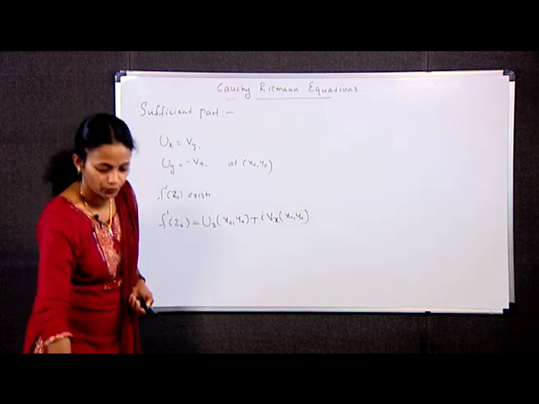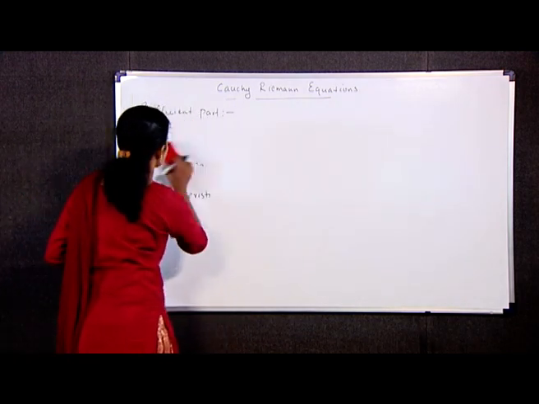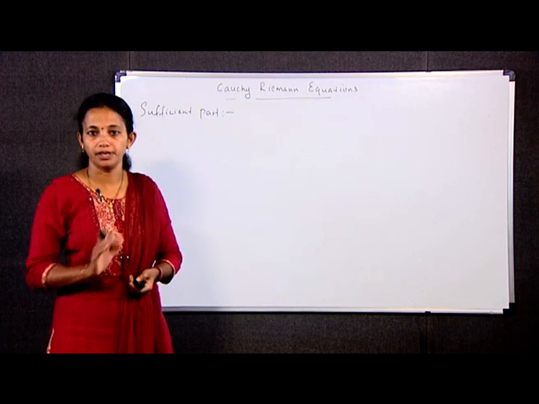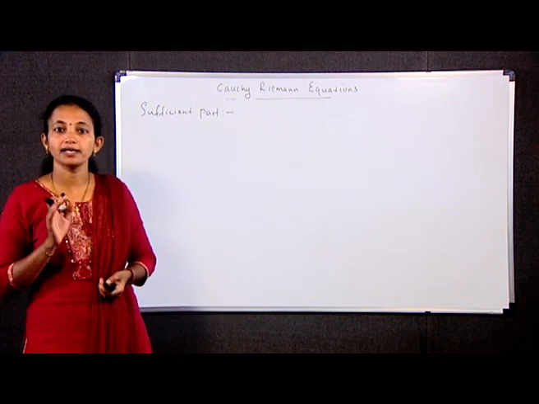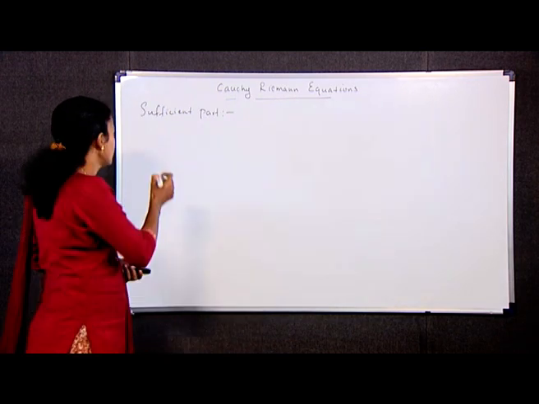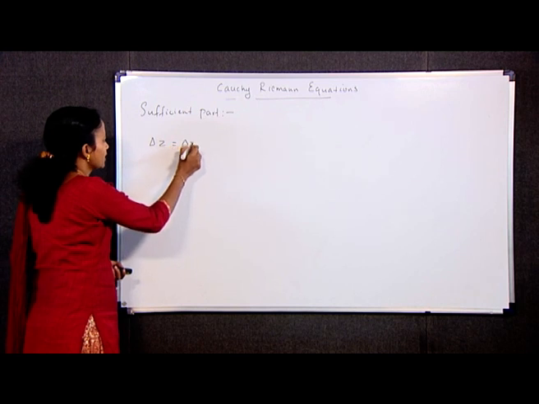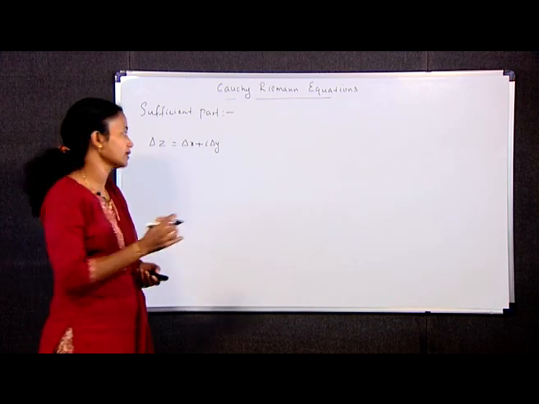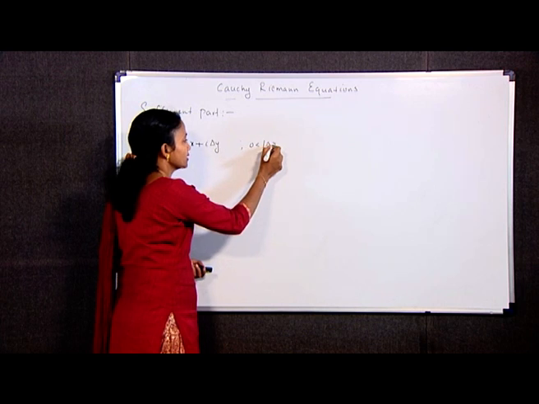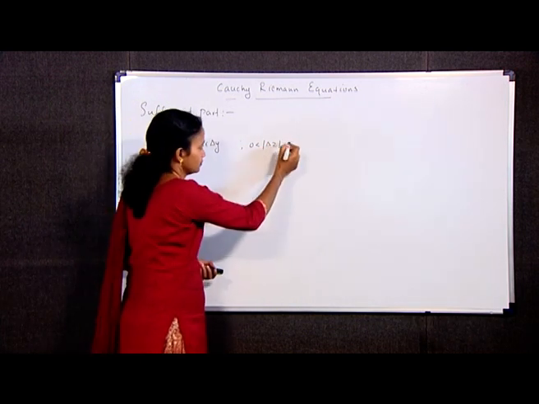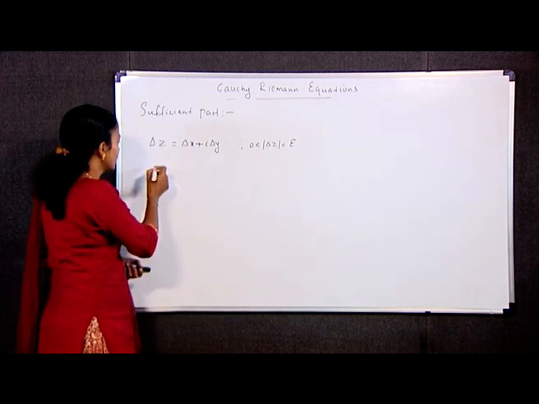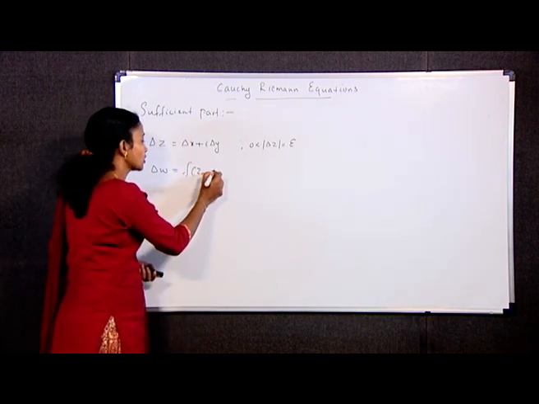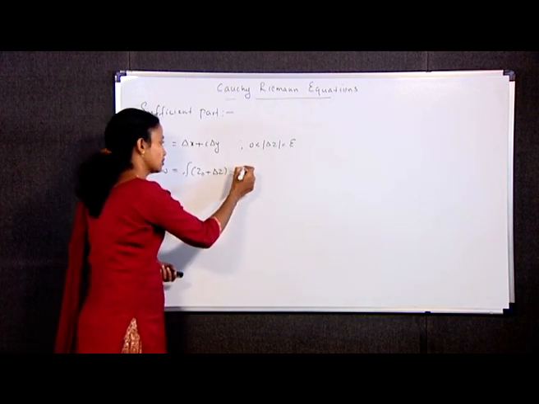So, we will move to the proof. We assume that conditions A and B in this hypothesis are satisfied and write delta z is equal to delta x plus i delta y, where 0 less than mod delta z less than epsilon, and also delta w is equal to f of (z naught plus delta z) minus f of z naught.